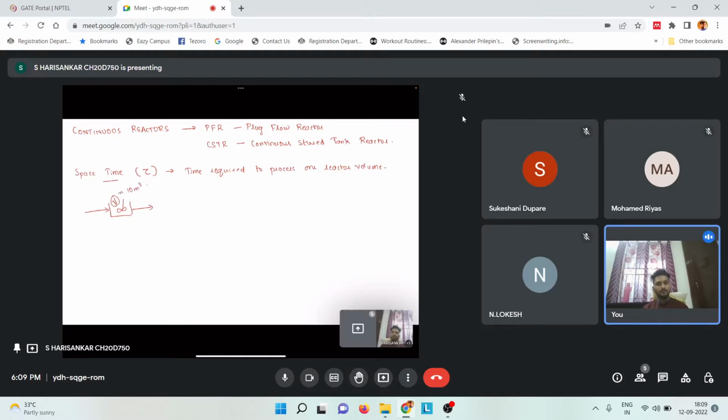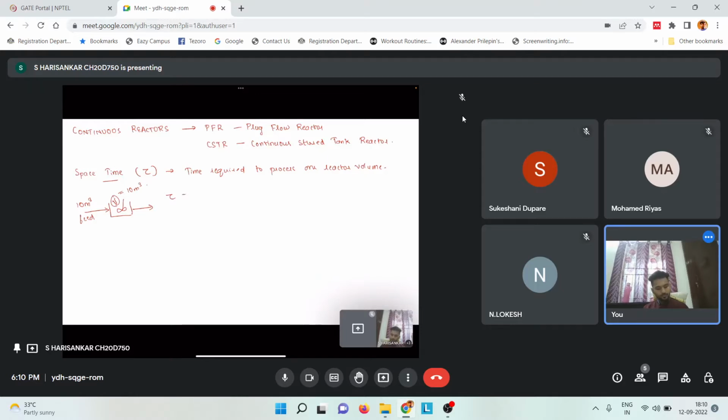What is the time required for the reactor to process 10 meter cube of feed? The time required for processing one reactor volume. So this is what is known as tau, space time.